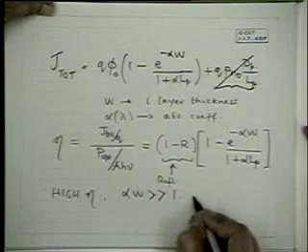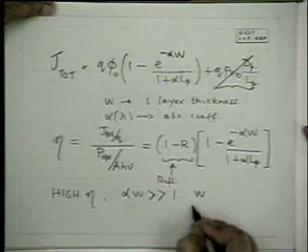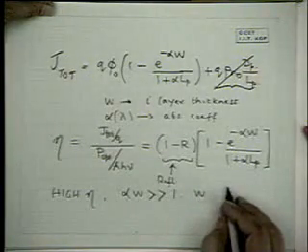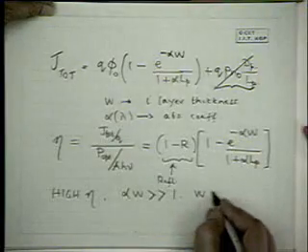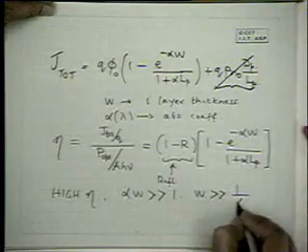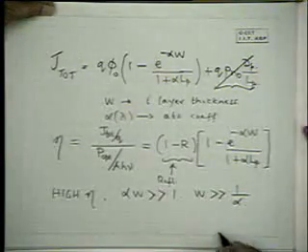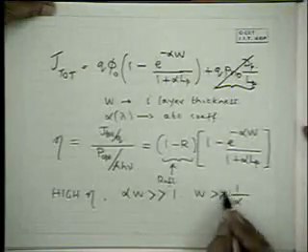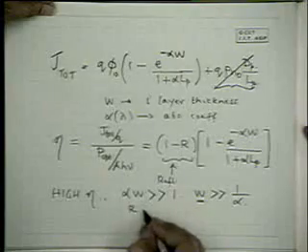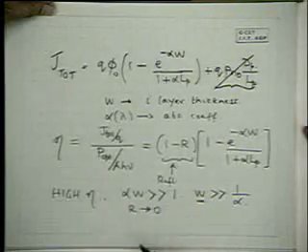What does that mean? That W should be much greater than 1 by alpha. In other words, this just means that all the light should be absorbed. The width of the I region should be much larger than the absorption depth. Of course, we want R also tending to 0.